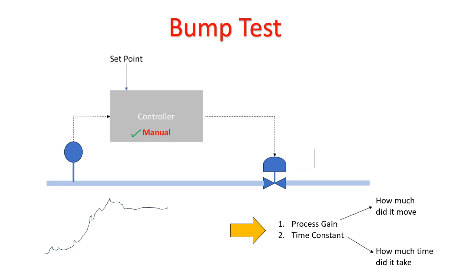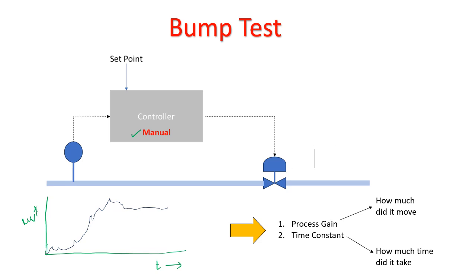And when you do a step change in the output or the valve, what will happen? There will be a change in the process, right? And the change is measured by the transmitter, which is in the process line, and we can have a plot time versus the measured variable, right?